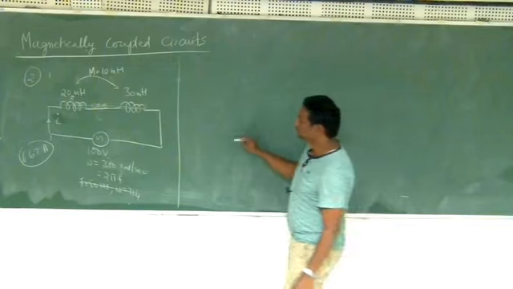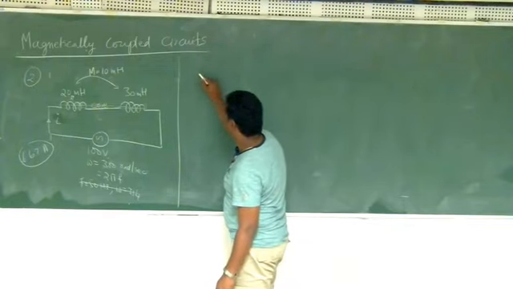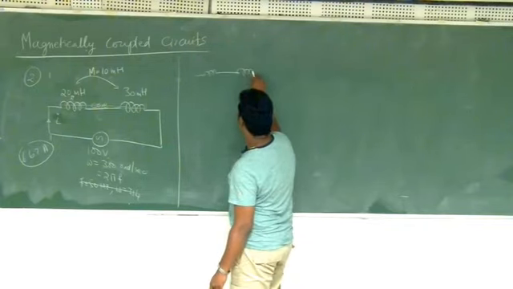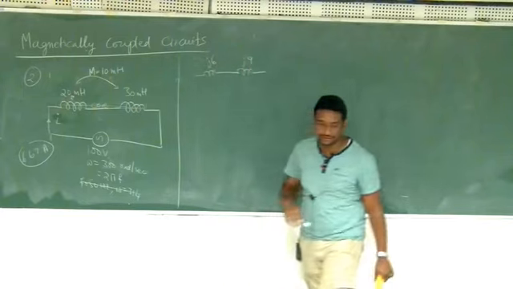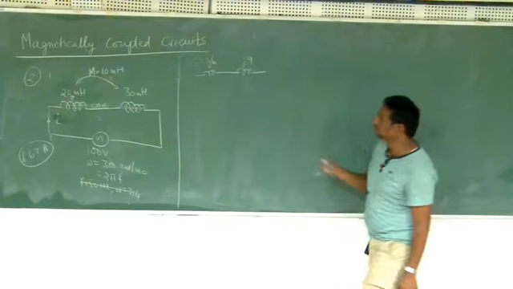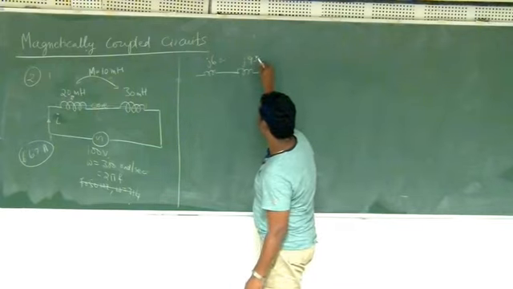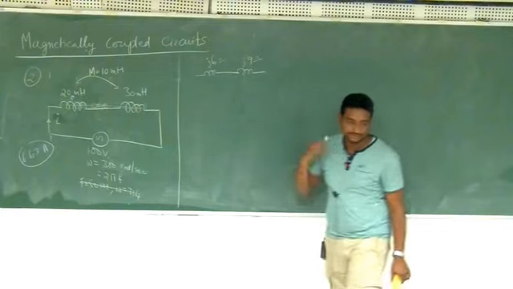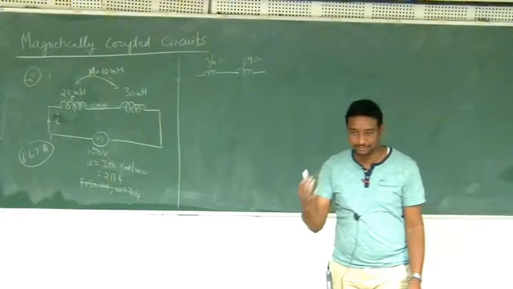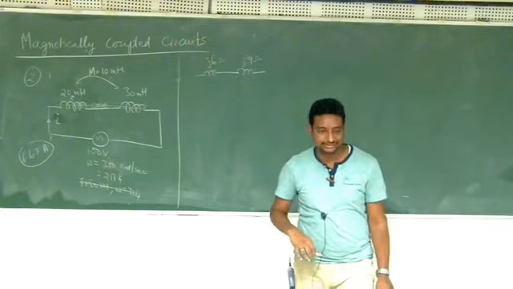So again you do the same thing. Just write it as J6, J9. These two we already know, this is now in ohms. Now the mutual is how much? 10 milli into 300, because omega is 300. So it is 3 ohms.